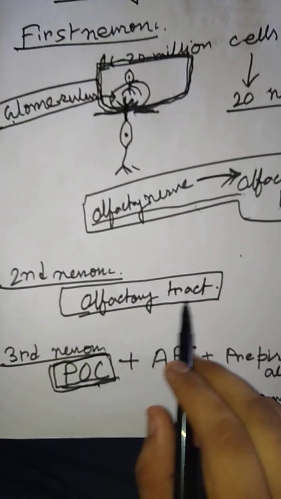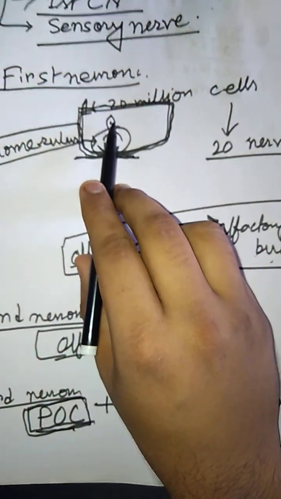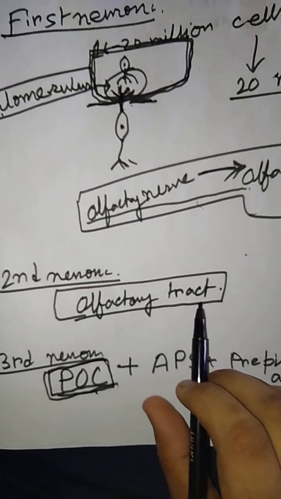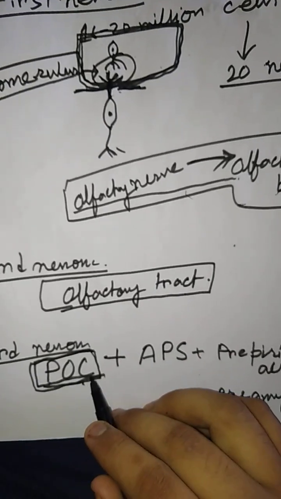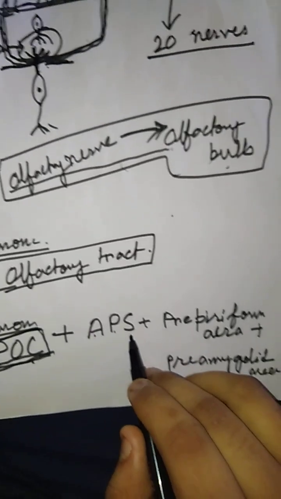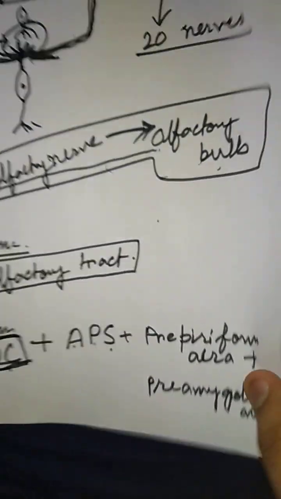Second order neurons means in the olfactory bulb, the axon terminals of the mitral cells form the olfactory tract. Third neuron, the fibers given off by the olfactory tract go to the POC, primary olfactory cortex, and the anterior perforated substance, pre-piriform area plus pre-amygdaloid area.